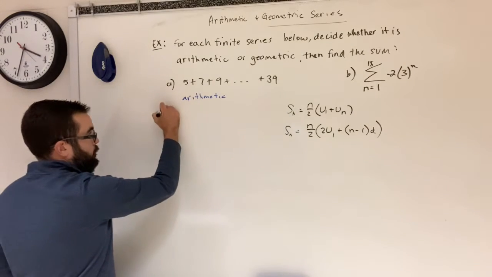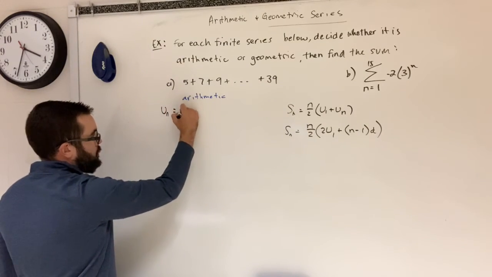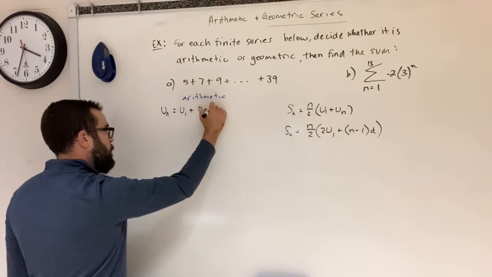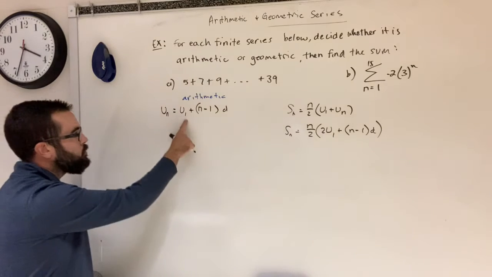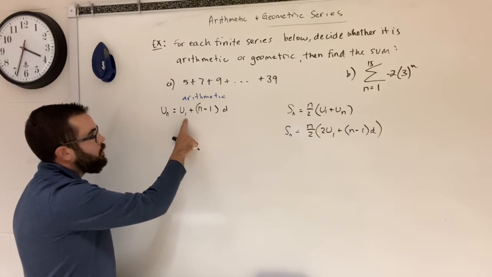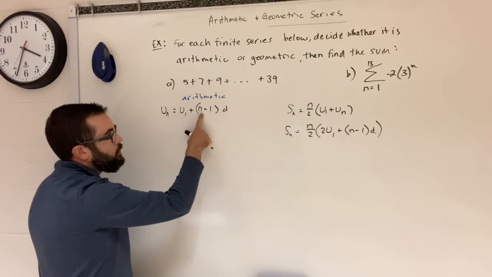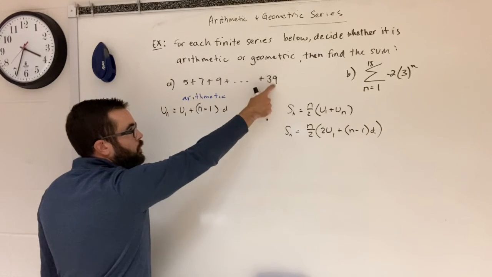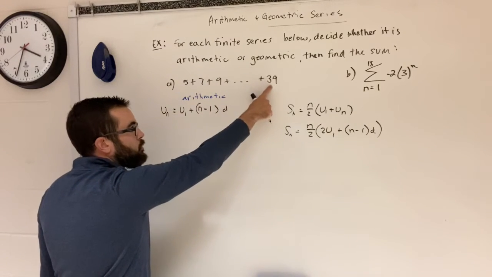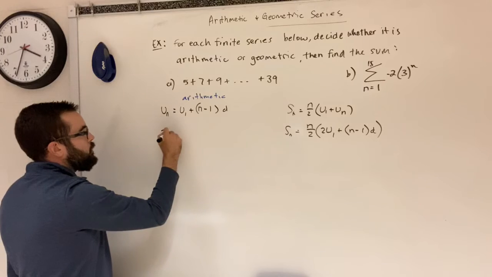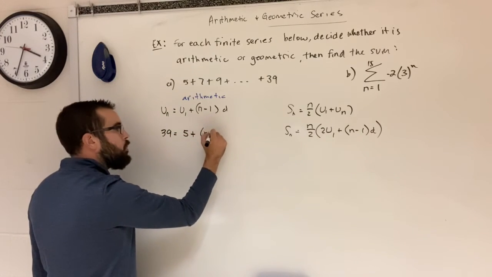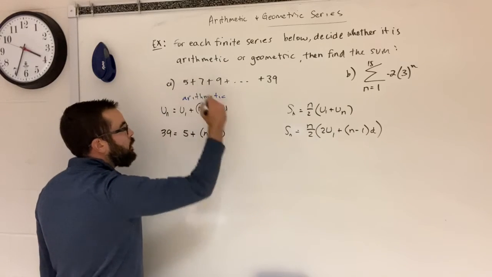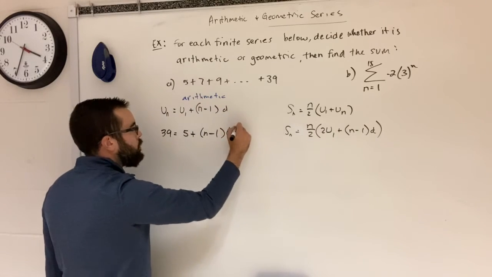Well, we have from a previous section this formula, which we know u sub 1. We want to find n that corresponds to the term that's equal to 39. So I can say 39 is equal to 5 plus, we don't know n, so n minus 1 times the common difference, which is 2.